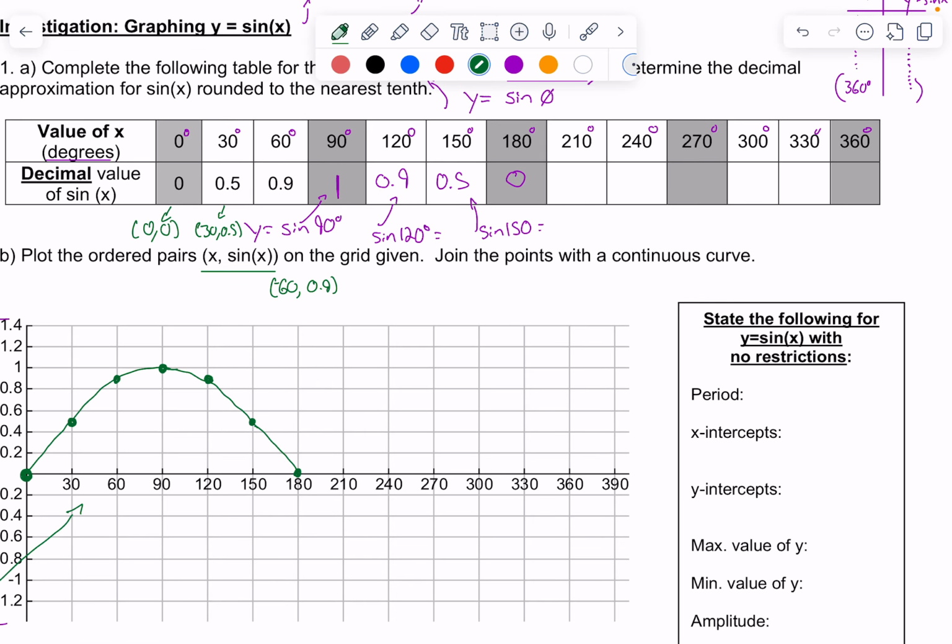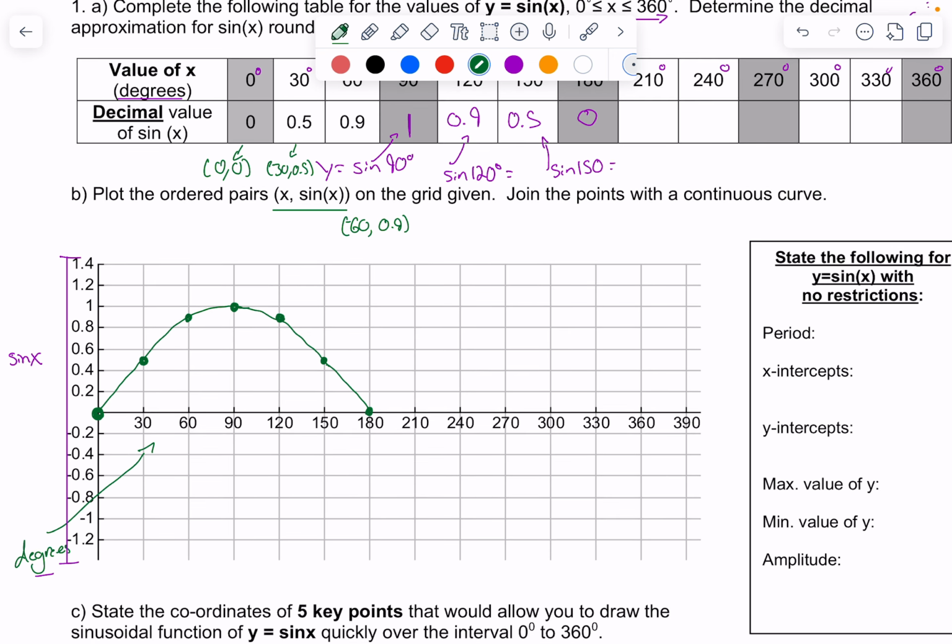But again, I'm just going to take this slow because it's the hardest part about understanding this. What you are finding right now is, if I was to say, okay, well, this point right here is halfway between 30 and 60, so that's 45. So if I was to take the sine of 45 degrees, what number would I get?